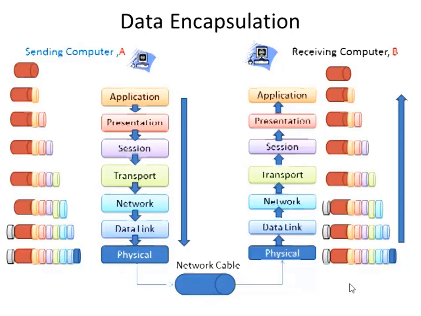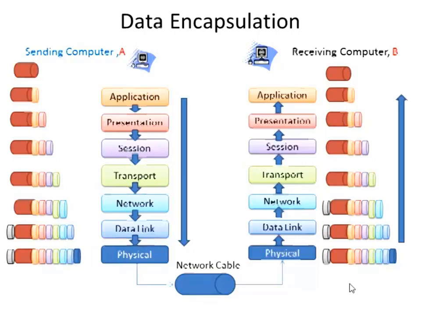When this message passes down to each layer, each layer will add its header information. At the data link layer, trailer information will also be added to the data package. This process of adding header and trailer information is what we call data encapsulation.